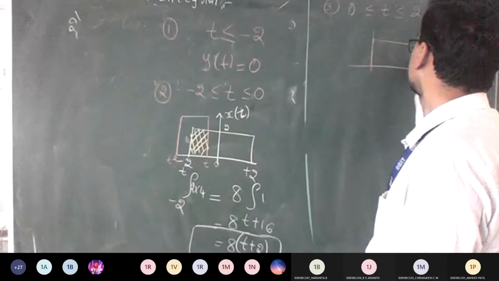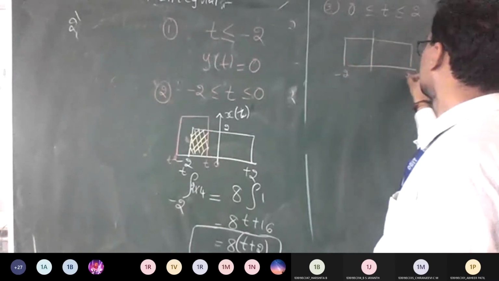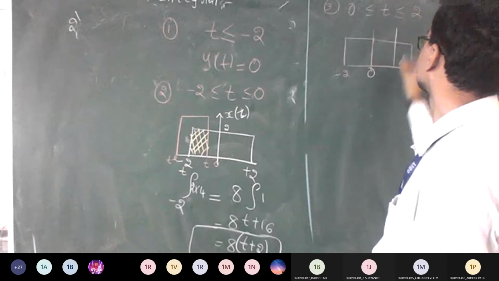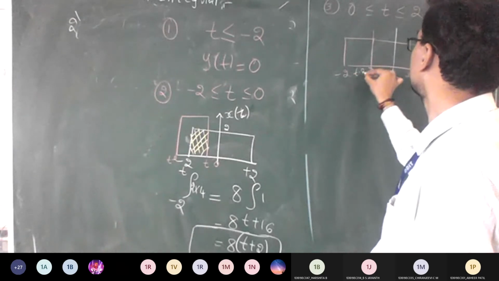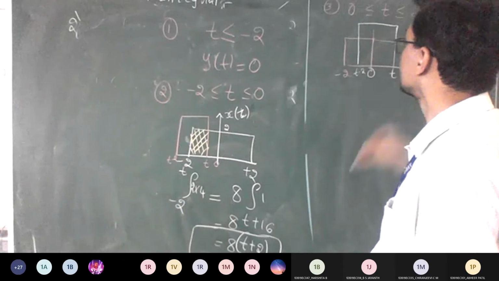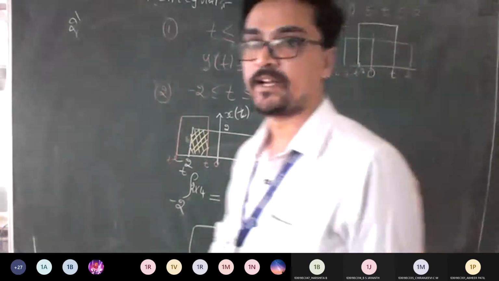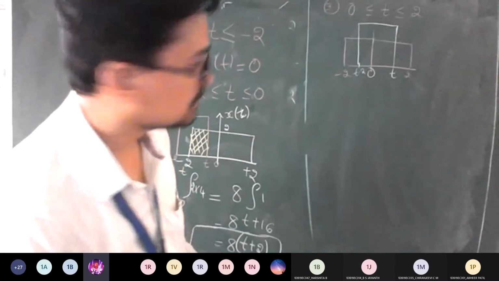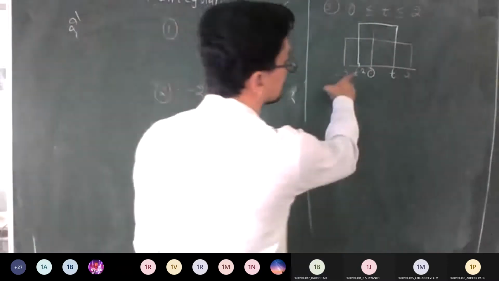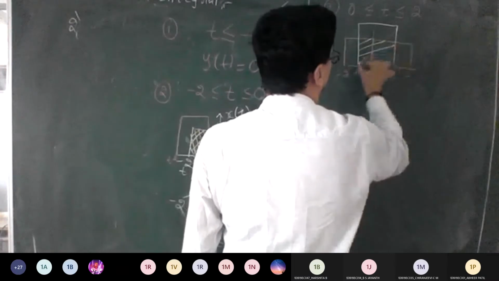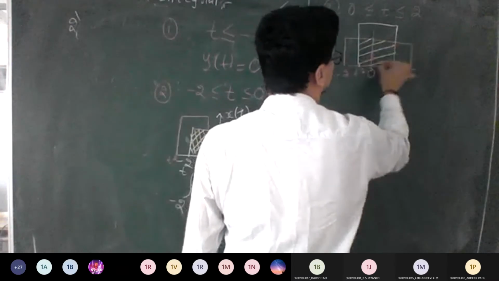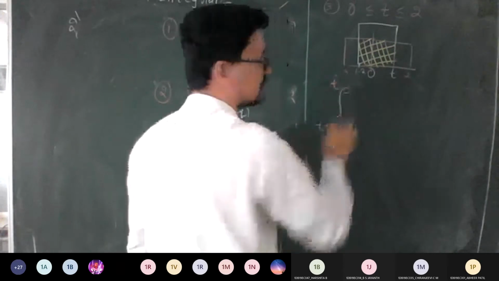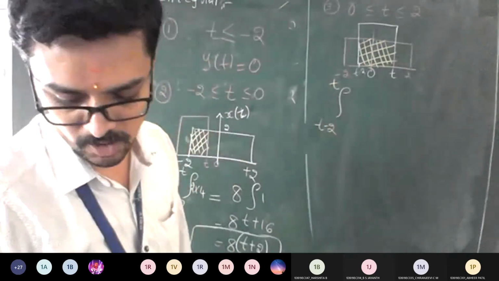So x of t is like this, and if I place my t like this, this is my t minus 2. Is it how it looks? Now tell me from where to where the overlap occurs. From minus 2 to t. You can look at the convolution to see how the shaded part is happening there. So the integration is from t minus 2 to t. I hope everyone got the logic now.